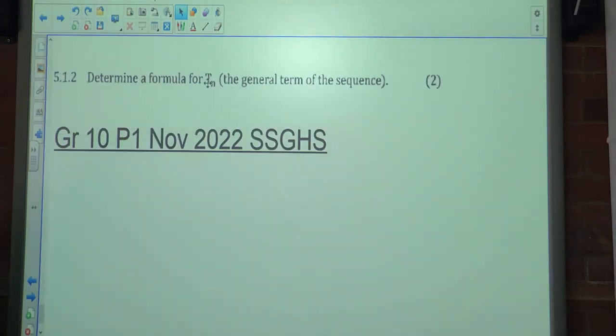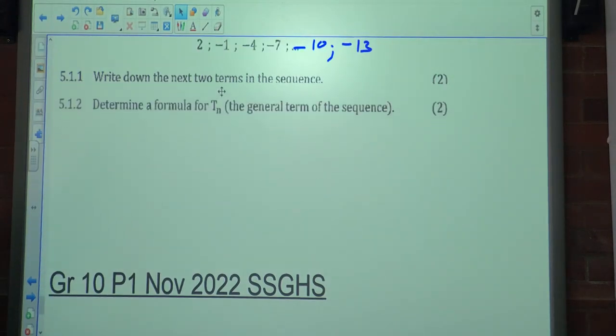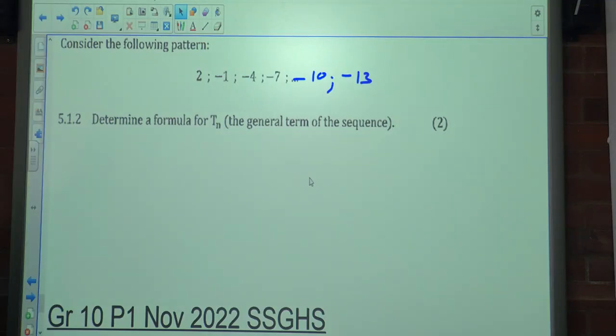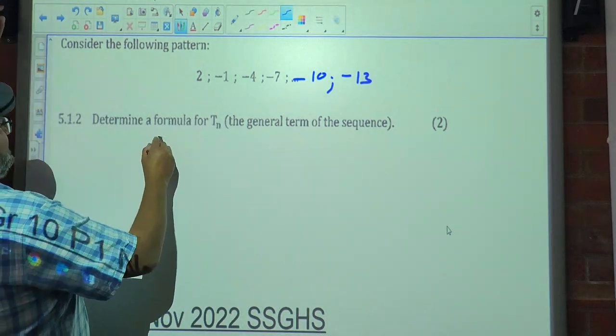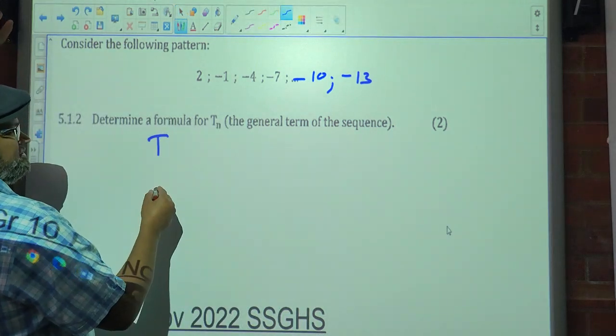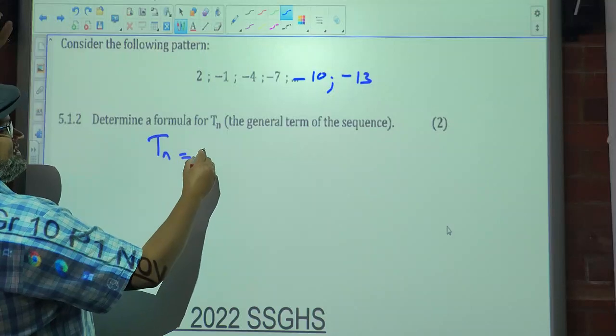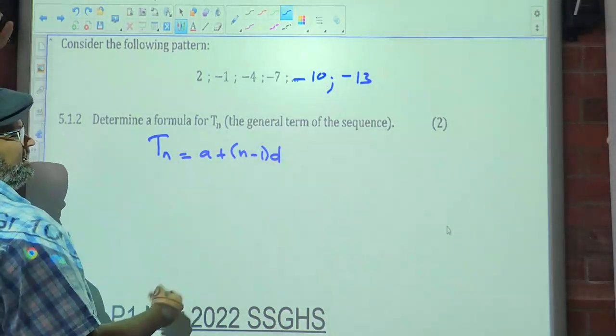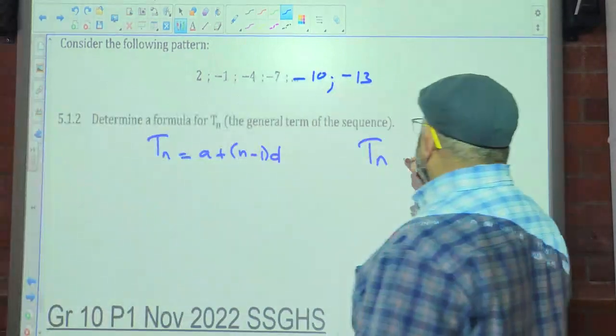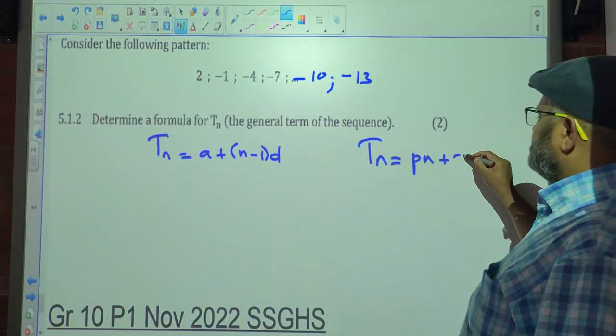It says determine a formula Tn, the general term of the sequence. People, since this is an arithmetic progression or an arithmetic sequence, it follows a formula Tn is equal to a plus n minus 1 d. Otherwise, some of you use Tn is equal to pn plus q.